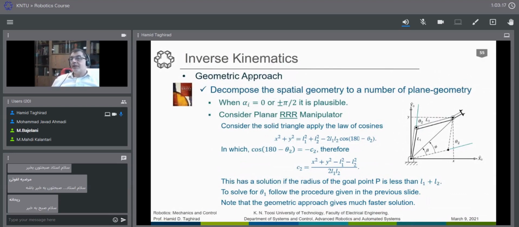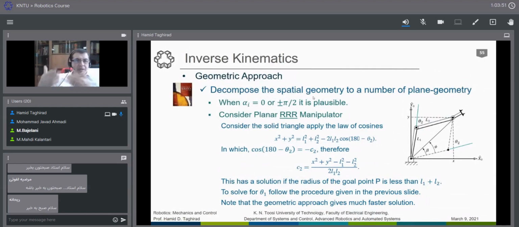Instead of going through this, let me first say when it will be available. This is very general, I cannot prove this, but when you have a spatial robot, if the Denavit-Hartenberg parameters alpha i that we discussed there, the twist angles, are either 0 or plus minus pi over 2.